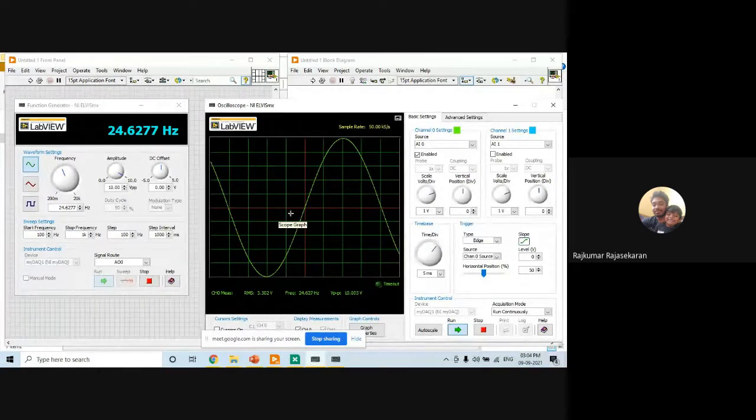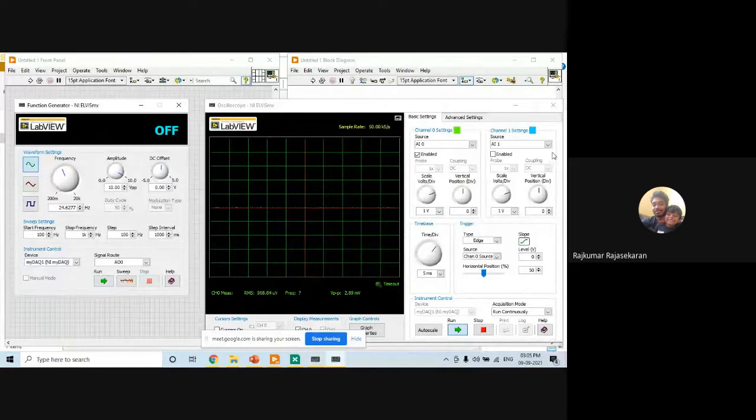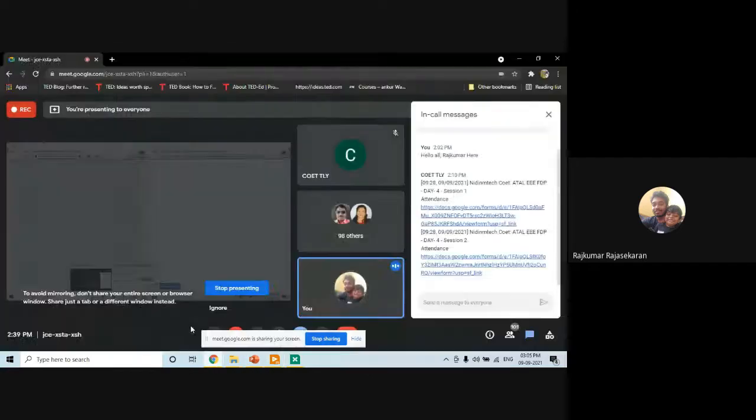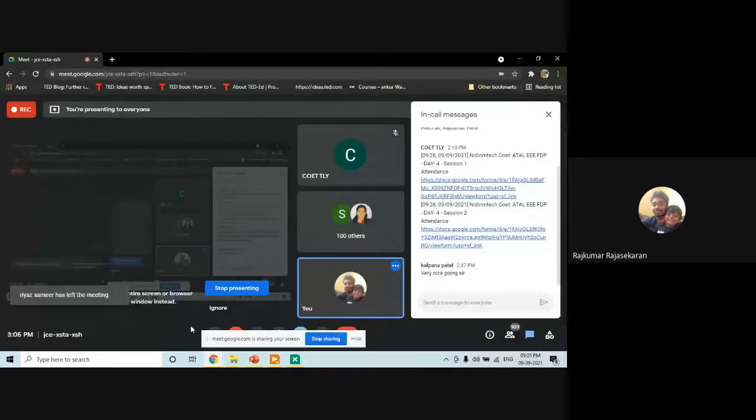Then they can go ahead, potentially using LabVIEW to create their own instruments. So any questions, please let me know.